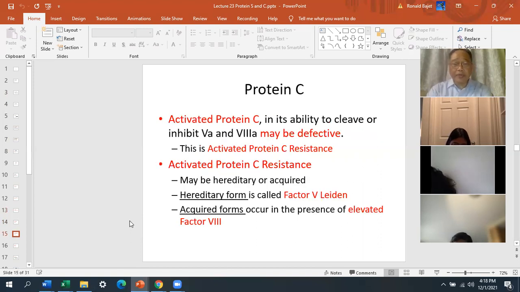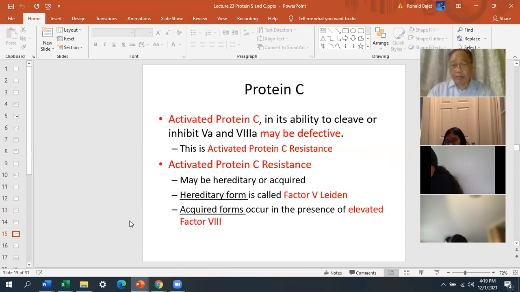So activated protein C, as you know, will cleave factor V. But if that ability to cleave factor 5A or 8A is defective, you'll have activated protein C, but it doesn't work. It's not cleaving the 5A. So rather than being an anticoagulant, again, the opposite of anticoagulant is hypercoagulability. You'll have an increased tendency to form a clot, okay?